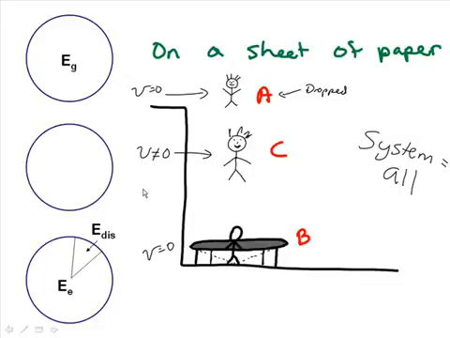Then we go to our final scene. In our final scene, the guy is more than halfway up, so he would have some gravitational potential energy, and I would say a little bit more than half of what he had in the very beginning, because he's not halfway up, he's a little bit more than halfway up. Where do you suppose the rest of the energy is? Well, he's not going 0 meters per second, so that means there must be some kinetic energy and a little bit more dissipated energy.